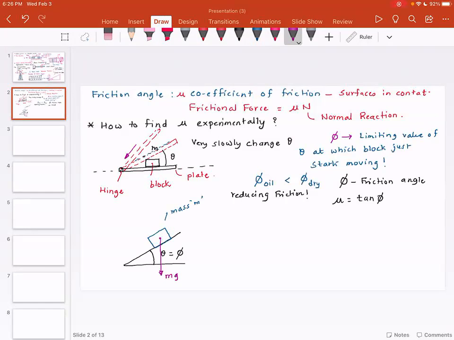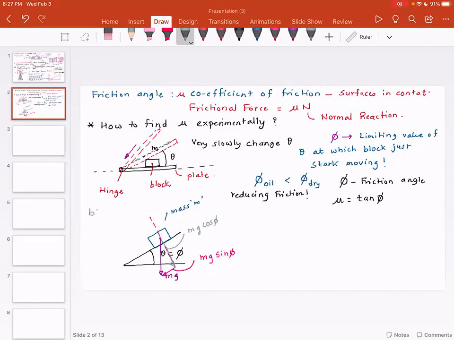Please note that we need to resolve the forces in the perpendicular direction to the block and in the parallel direction to the block. So this force is going to be mg sine of phi, and this force is going to be mg cosine of phi. Please note, this is the limiting case when the block just starts sliding.